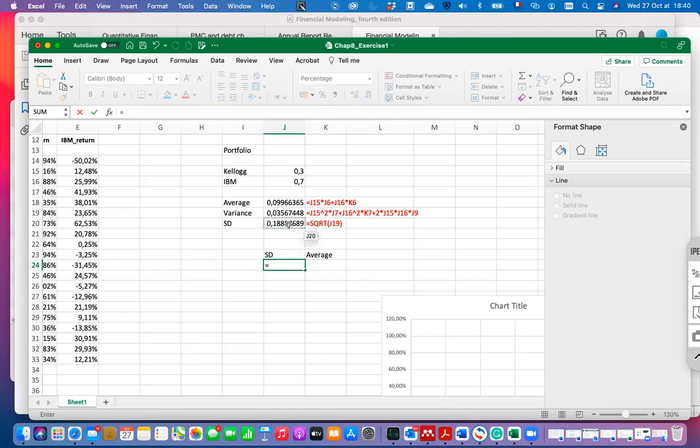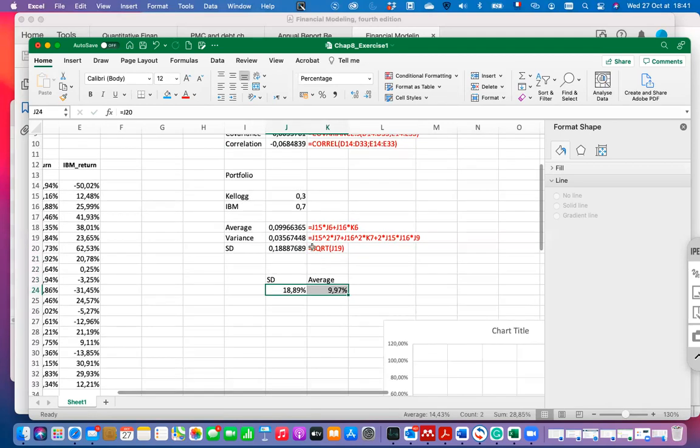So standard deviation is here, see, the cell J20, and the average of the portfolio just computed a few seconds ago. So these two numbers were computed when we invest 30% in Kellogg and 70% in IBM. Now we have to vary these proportions.